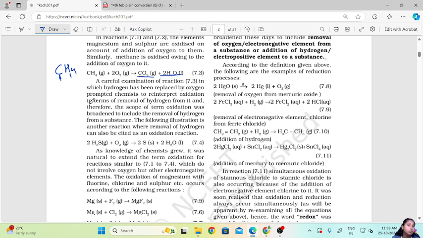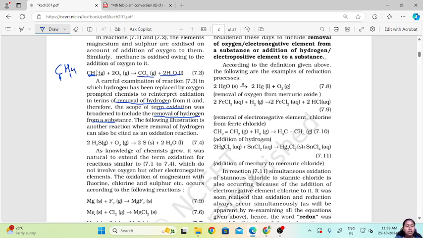Why there is a term loss of hydrogen involved is basically because of this. When carbon dioxide is formed from methane, we removed the hydrogens and we added oxygen to it. So there is a removal of hydrogen involved. This broadened the scope of the term oxidation, including the removal of hydrogen from a substance.